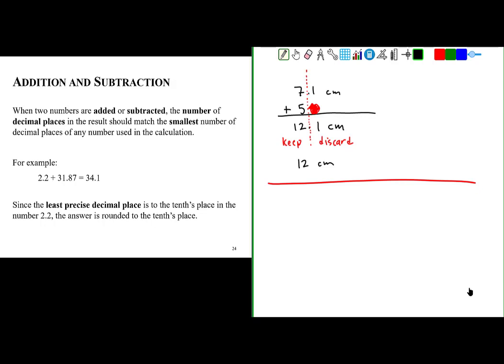Let's do another example. Let's say we had something that was 32.875 seconds. And let's say we had something that was 110 seconds. Let's add these two numbers together. So in adding these two numbers together, we would get 142.875 seconds.